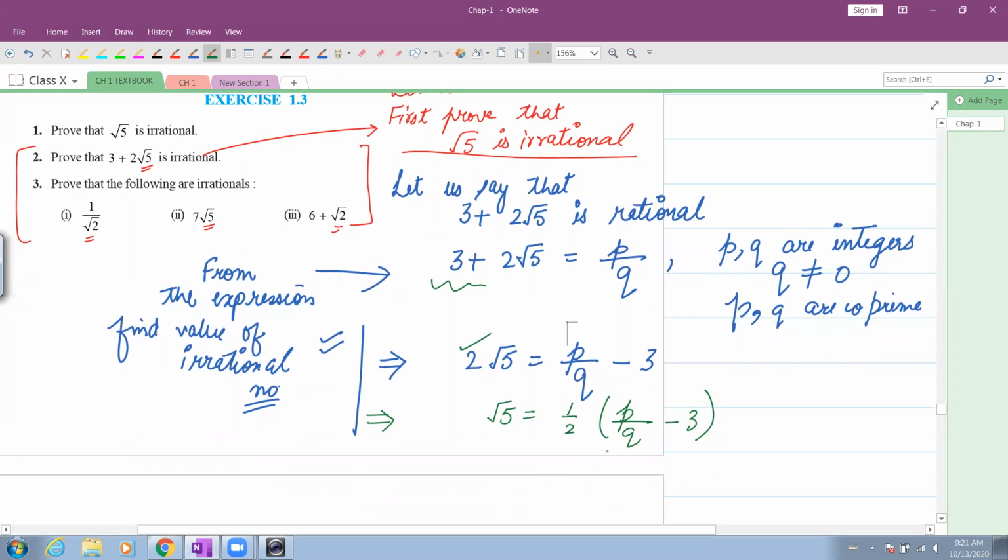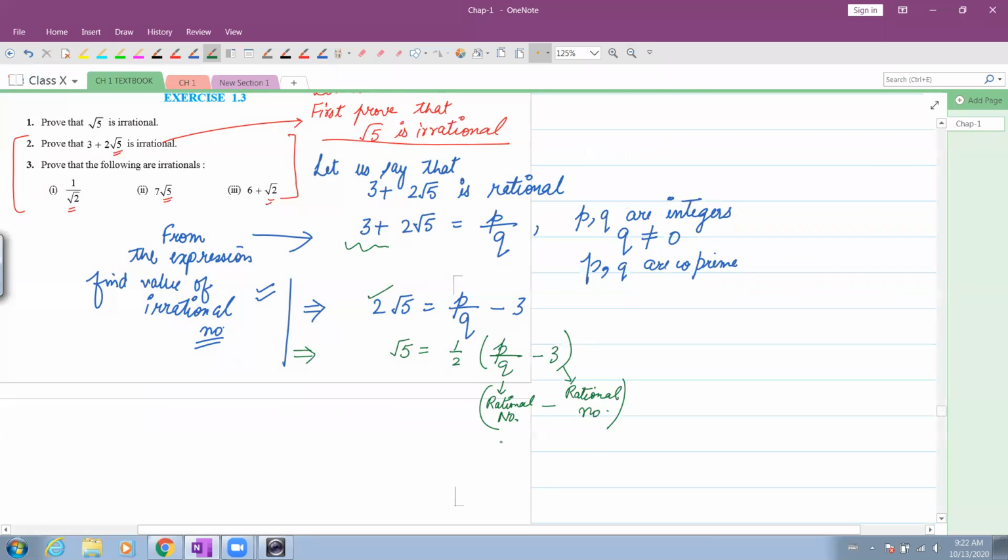So at this step, if you simplify your right hand side, you will see that it's actually a rational number, and that can be written without doing anything. So what I have here is, if I just write down that this is a rational number, P over Q, right? And 3 is a rational number. So the difference of two rational numbers. I hope everyone knows, आपने लास्ट ईयर पढ़ा था.